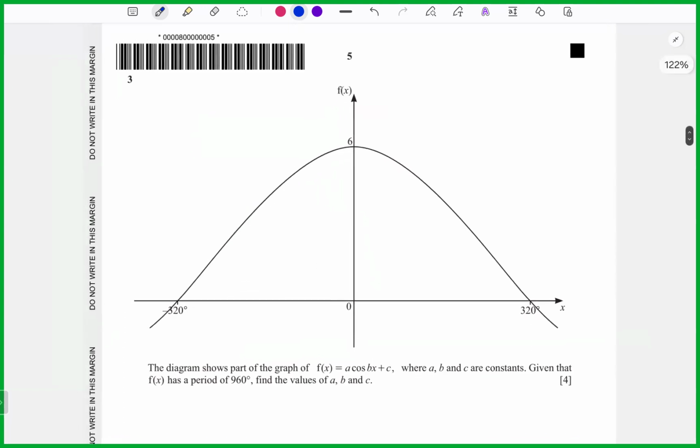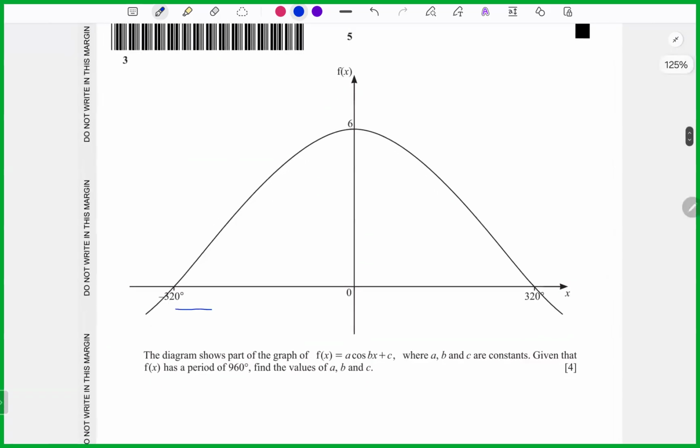Okay, one here is 965. Okay, so this part, here in total I will get 640, right?